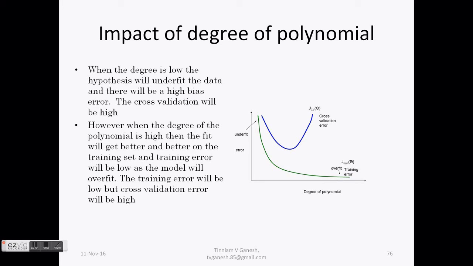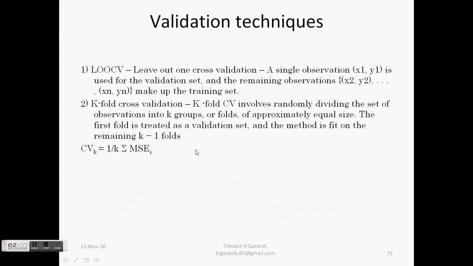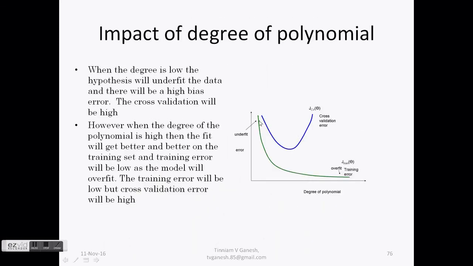Now let's look at some of the issues that come up with the degree of polynomial. When you start off, as I said, if you go for just a linear equation, beta 0 plus beta 1 x1 plus beta 2 x2, then you're going to get a straight line, and that is going to result in an underfit, as we saw here, and it is going to give a very big error, a high bias error.